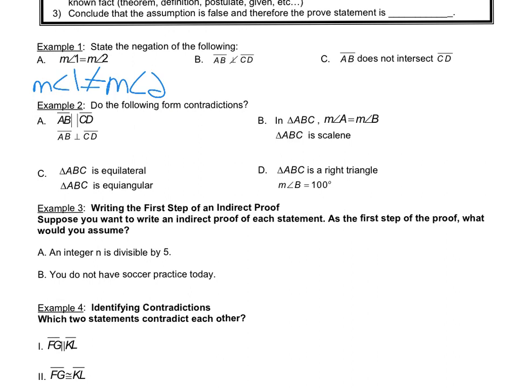Number 2, segment AB is not perpendicular to segment CD. So negation will be segment AB is perpendicular to segment CD. Number 3, letter C. Segment AB does not intersect segment CD. The negation would be segment AB does intersect segment CD.